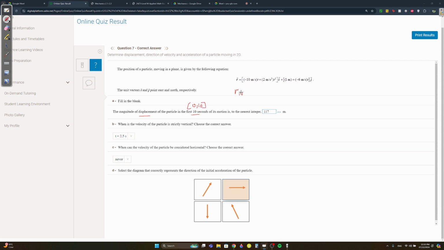R of 10, we're going to substitute: minus 10 times 10 plus 2 times 10 squared i, plus the j component 1 plus minus 6 times 10 j. You're gonna get minus 100 plus 200, you're gonna get 100i plus minus 59j.